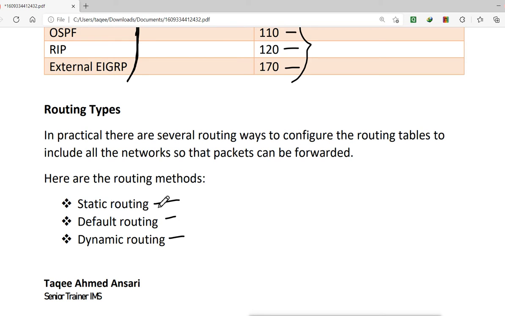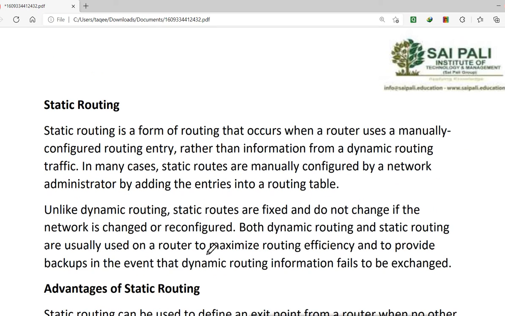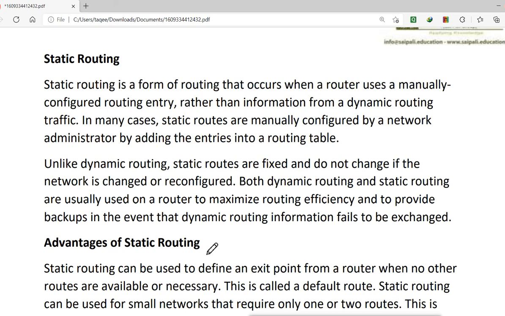So static routing, default routing and dynamic routing. Now first, static routing. Static routing is a form of routing that occurs when a router uses manually configured routing entries. What we do in static routing is create the routing table manually.